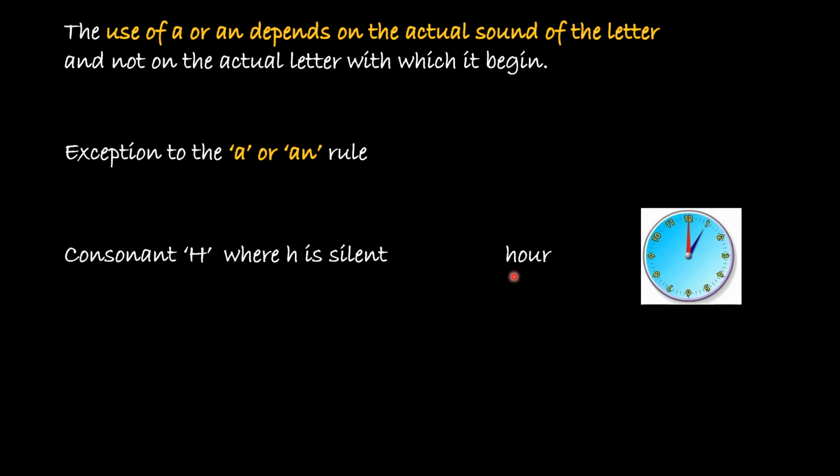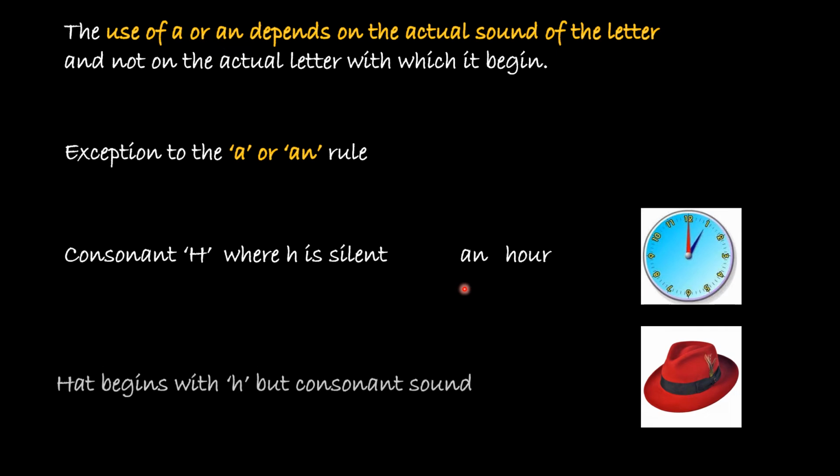What sound can you hear when you are pronouncing it? Hour. A sound. That means the sound is of a vowel. So we will put an before this word. So here you can see the word is starting with a consonant, but it is having a vowel sound. That's why we have used an.